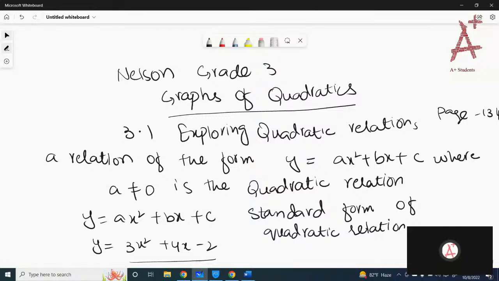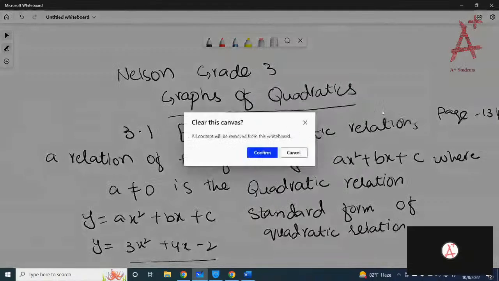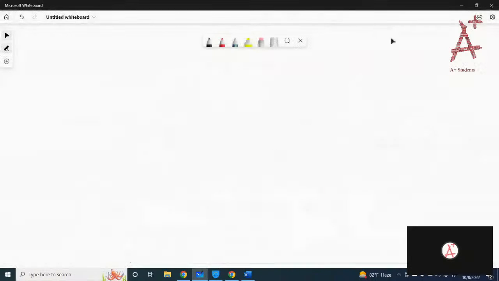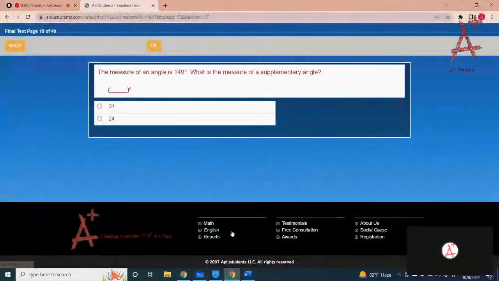So let's start with examples, to further your understanding. Which graphs appear to represent a quadratic relation? Explain. Let me just open the book.